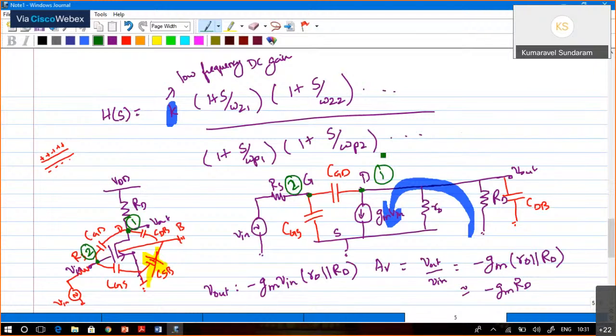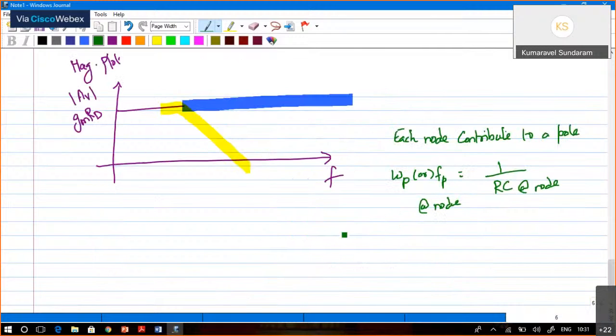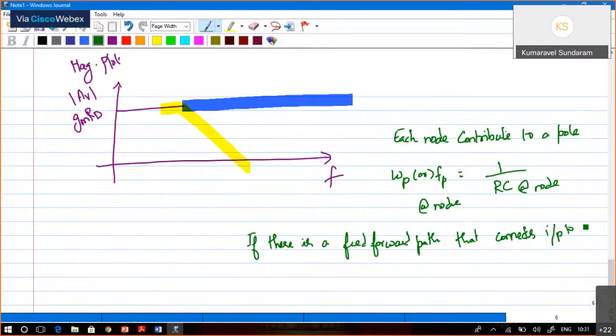This is for the pole. How is a 0 contributed? Through a feed forward path. If there is a feed forward path that connects input to output, a 0 will exist.